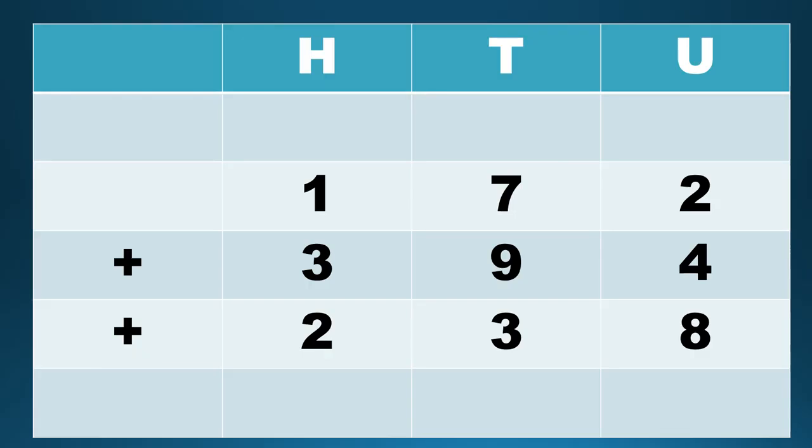Let us now add 172 plus 394 plus 238. So we have 2 plus 4 plus 8, and the answer is 14. So we have carried over 1 to the tens place. So we have 7 plus 9 plus 3 plus 1, the carryover.